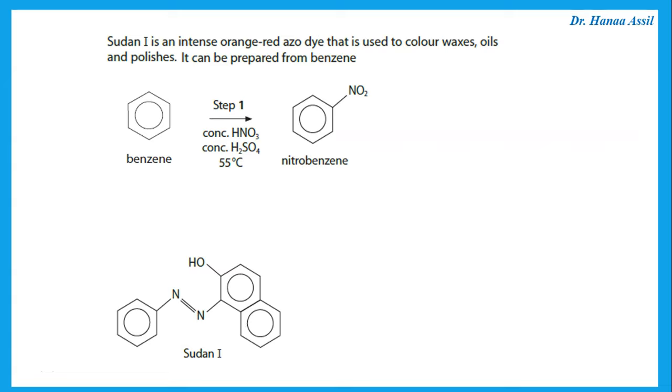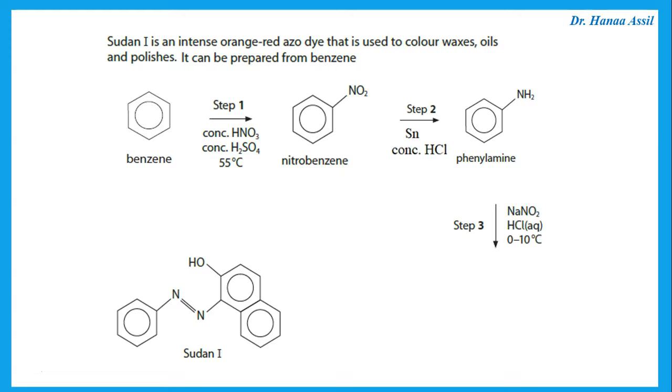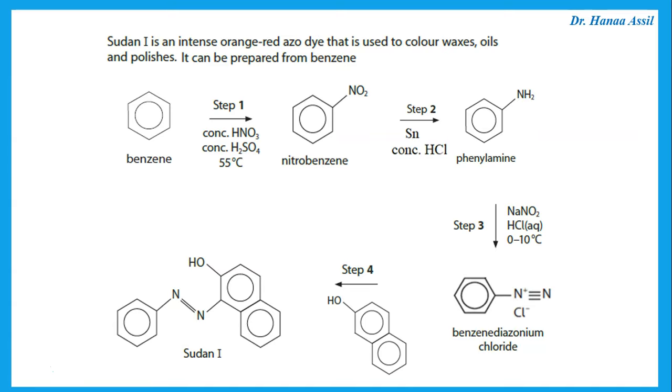At 55 degrees Celsius, you put a nitro group on the benzene. Now you can reduce that to form a phenylamine using tin and concentrated HCl. And then I can react the phenylamine with sodium nitrite and HCl at 5 degrees Celsius to make the diazonium salt. And then the diazonium salt I react with the part that I want to add, and this gives me my required product.